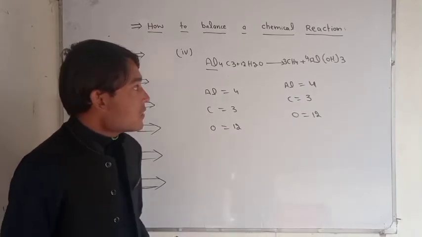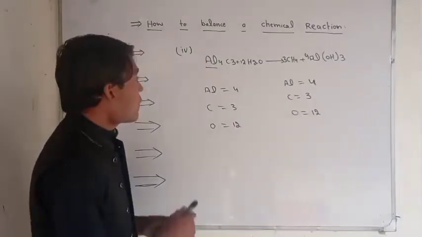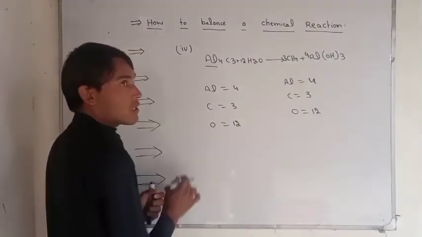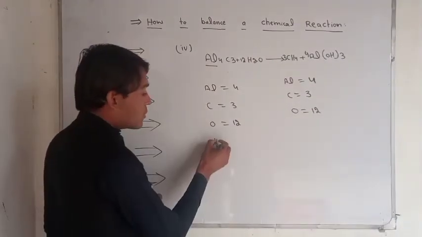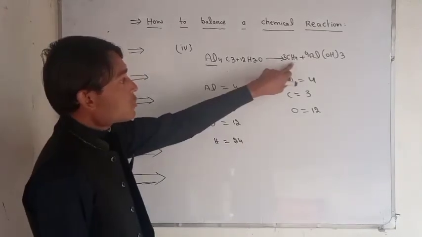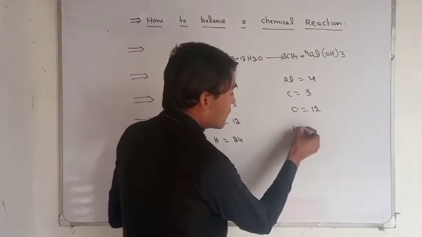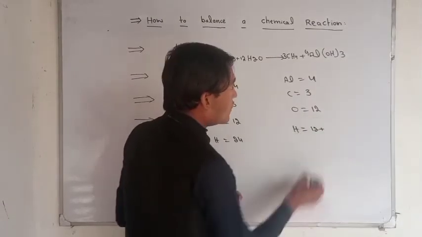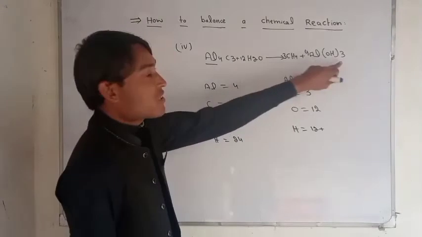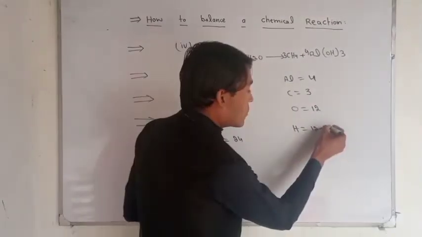Now let's balance hydrogen. The number of hydrogen is 12 times 2, which is 24, and on the other side, 3 times 4 is 12, so 12 plus 12 gives 24.